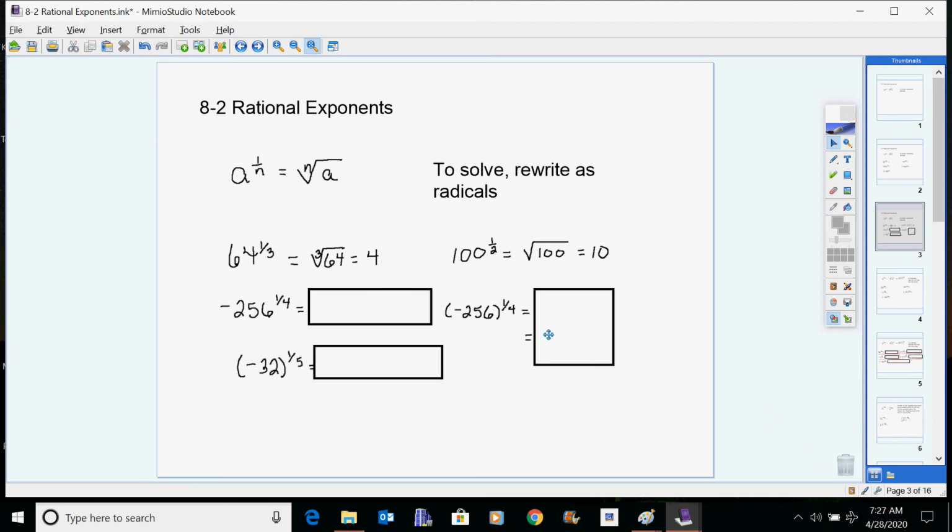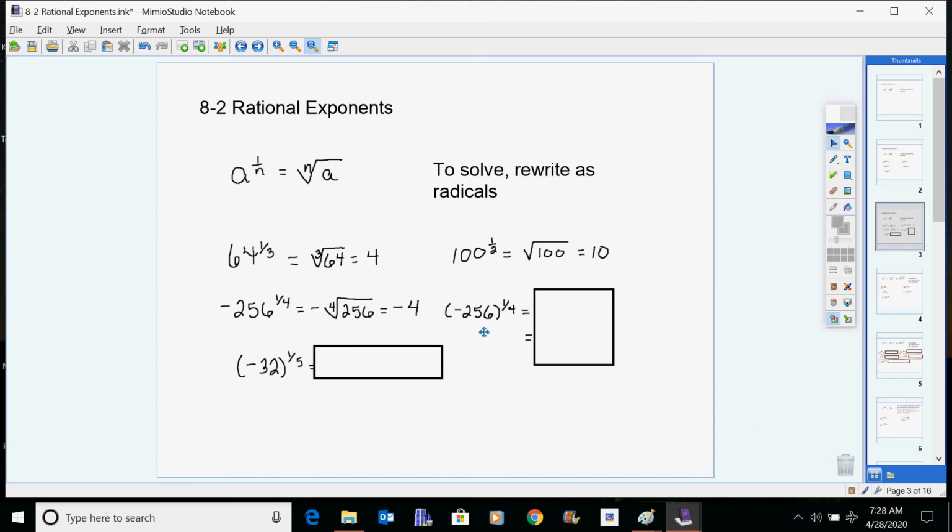This one and this one look the same, but they're really different. This positioning of this negative sign is super important. This one says that you have the negative of the fourth root of 256. Okay, so it would end up being negative 4, because 4 times 4 times 4 times 4 gives you 256.